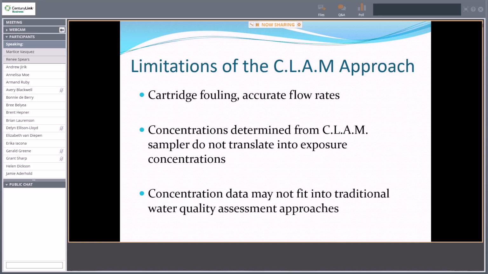So comparing that type of information to toxicity data, like effects levels that are based on constant exposure to a particular concentration, is just something to be aware of. This concentration data also may not fit into traditional water quality assessment approaches for similar reasons. So it's important for the users of the data to understand the best way to use this in more traditional assessments.